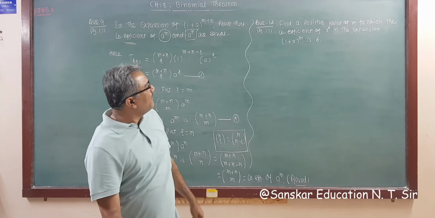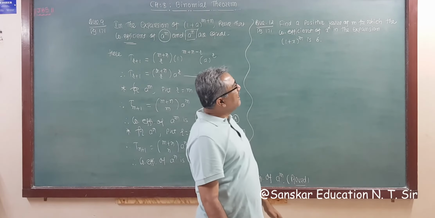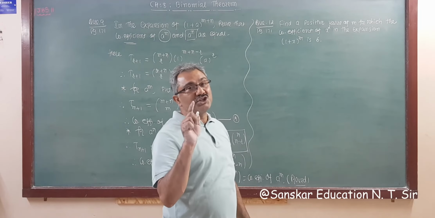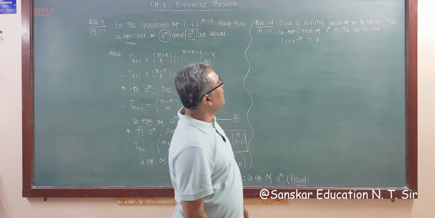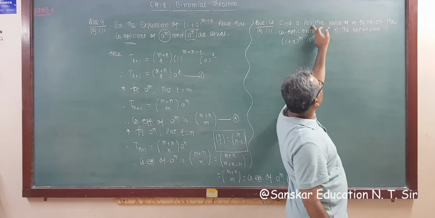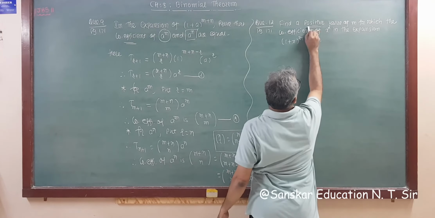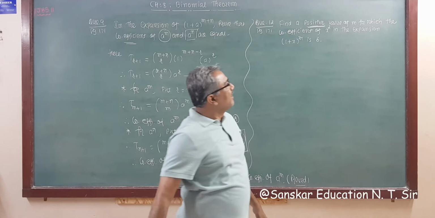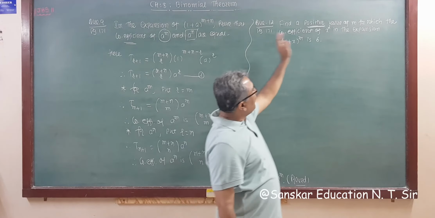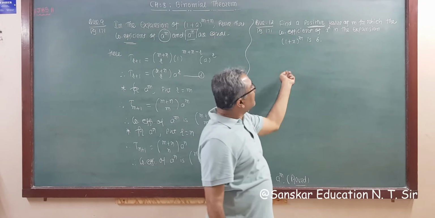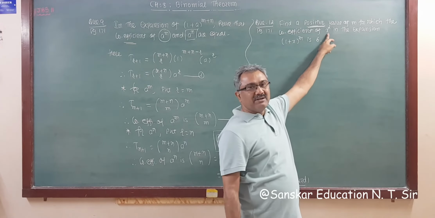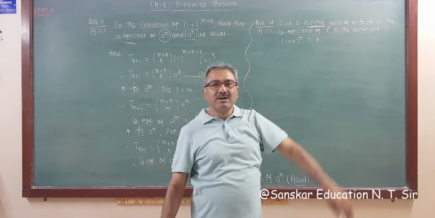Okay? Now the next question is to find a positive value of m. We have to find a positive value, that is m greater than 0, not a negative, right? So m here is greater than 0 because it is given as a positive value, for which the coefficient of x^2 in the expansion of this. So again, in the expansion, for the coefficient of x^2 we take the power of x as 2, right?